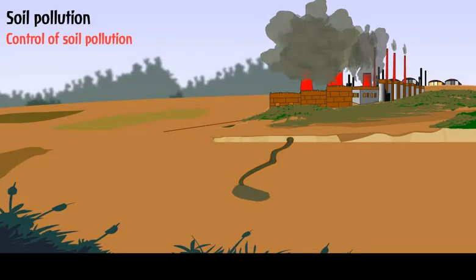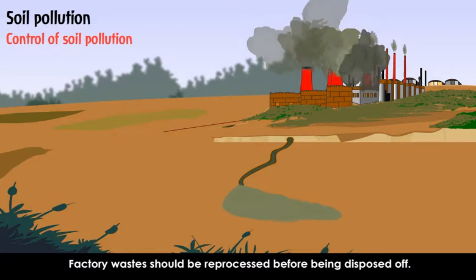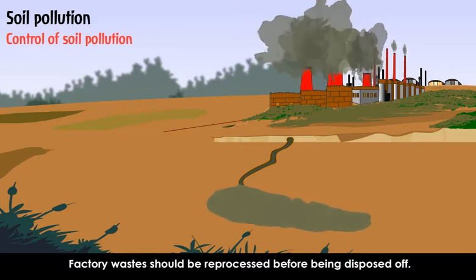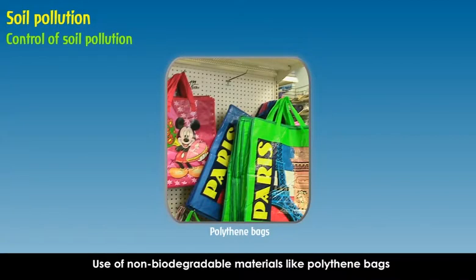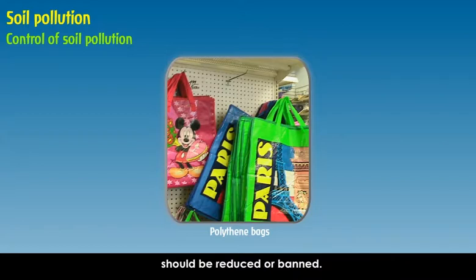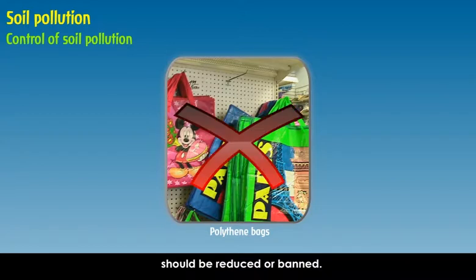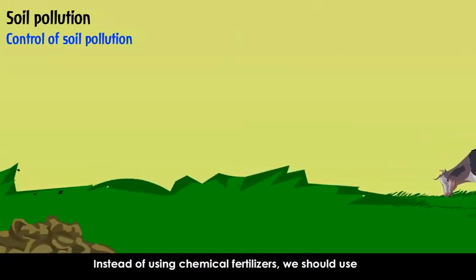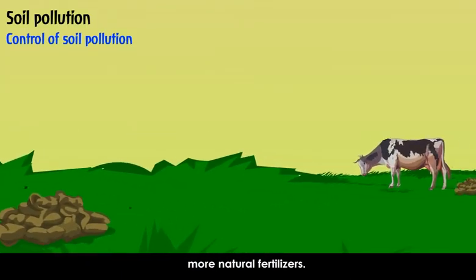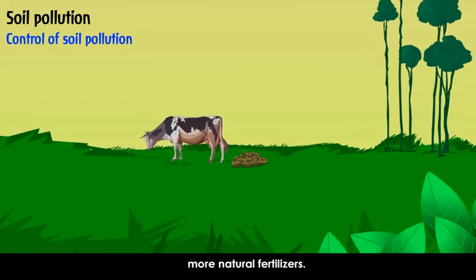Control of soil pollution. Factory waste should be reprocessed before being disposed of. Use of non-biodegradable materials like polythene bags should be reduced or banned. Instead of using chemical fertilizers, we should use more natural fertilizers.